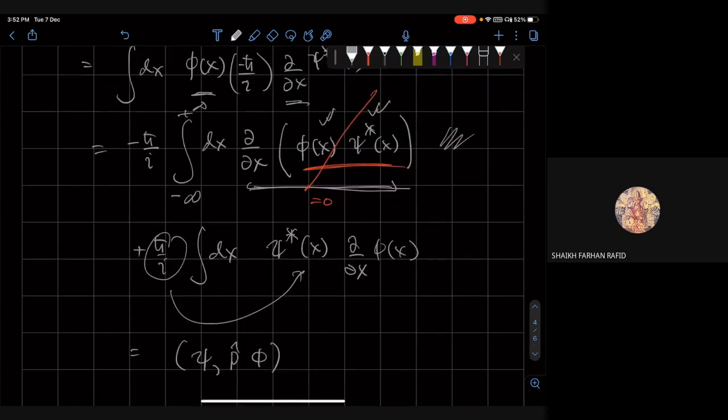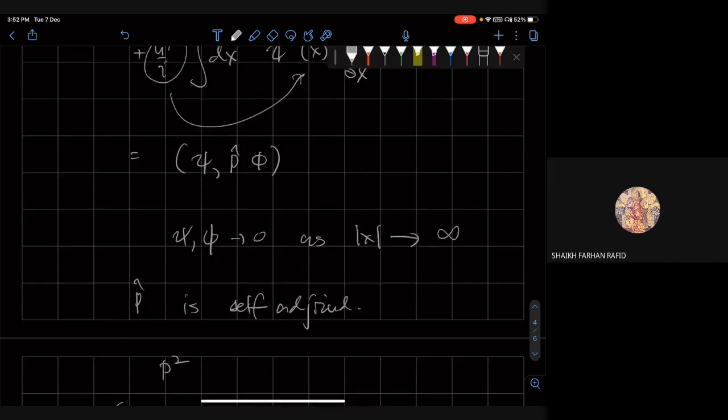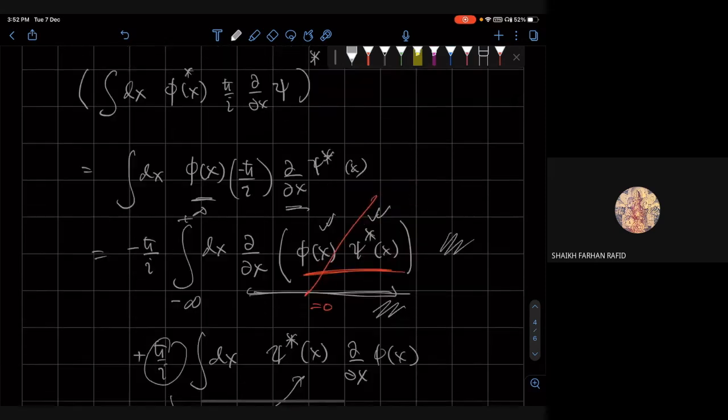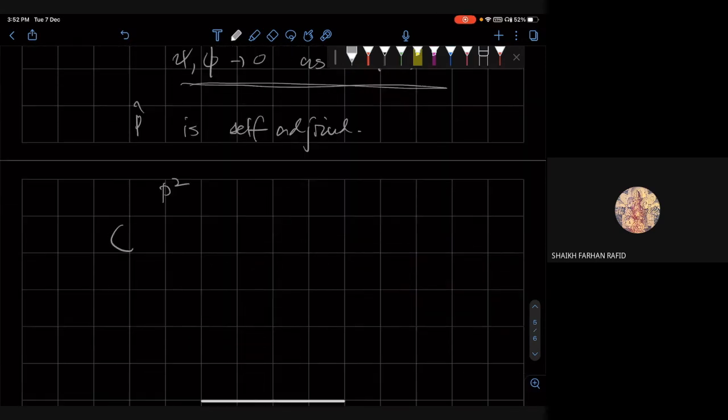Because this is an additional thing that you have to assume for this to be equal to this. So in the infinite dimensional case, Hermitian is not enough. Our operators need to be self-adjoint.